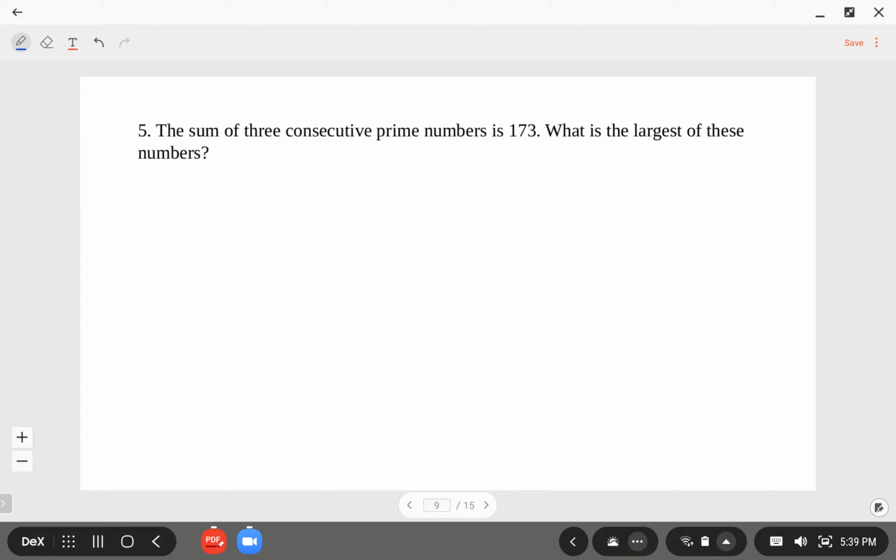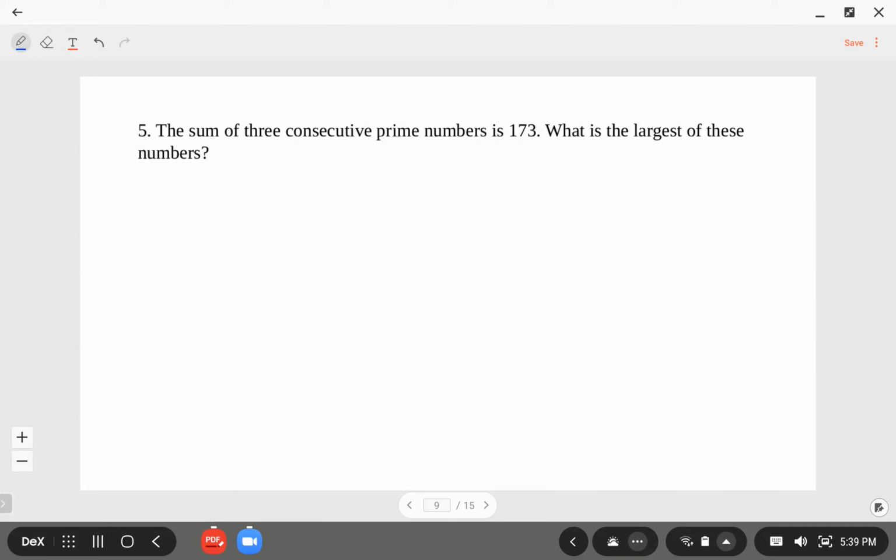Close to 57. But 57 is actually a composite number. Because 173 can't be divided by 3 evenly, because 7 plus 3 plus 1 equals 11. It can't be divided by 3.